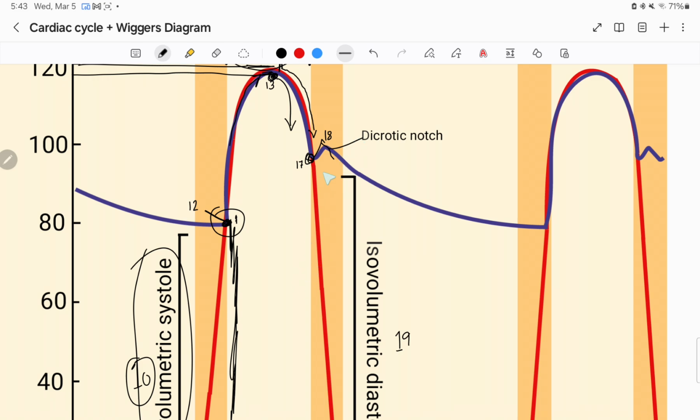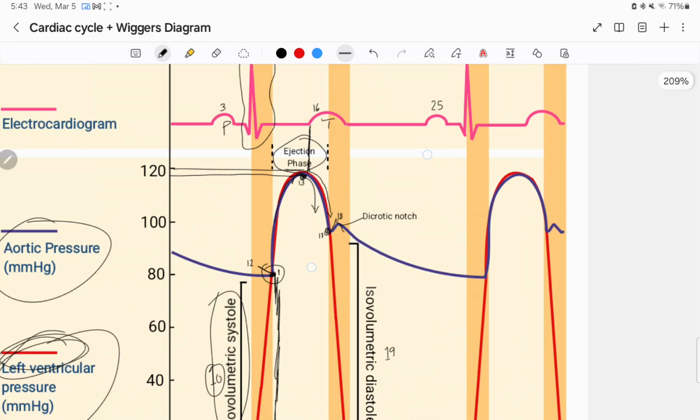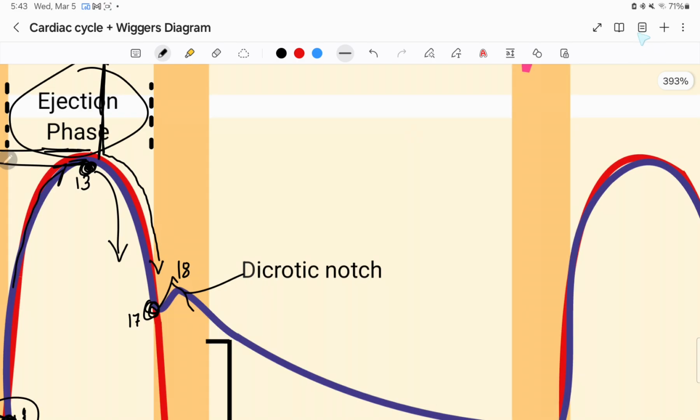That's a dicrotic notch. This is how we can tell if the semilunar valve closed or not, without, for example, looking at the second heart sound. So that's what the dicrotic notch is caused by.